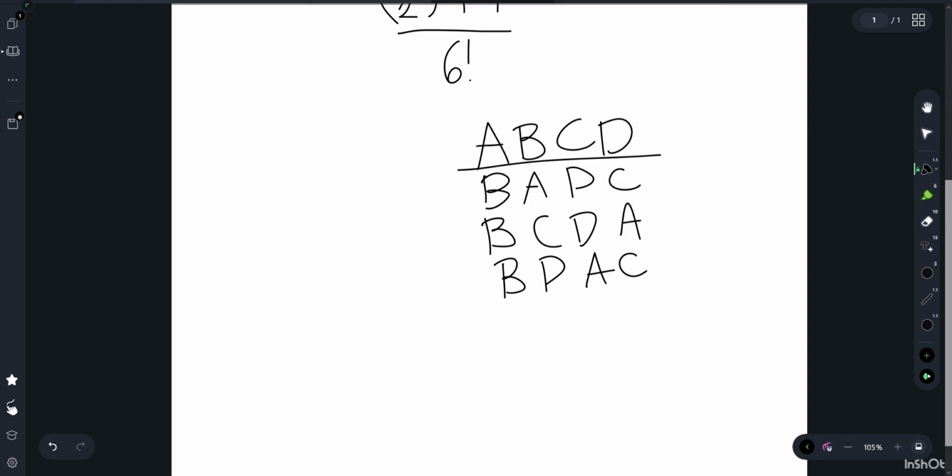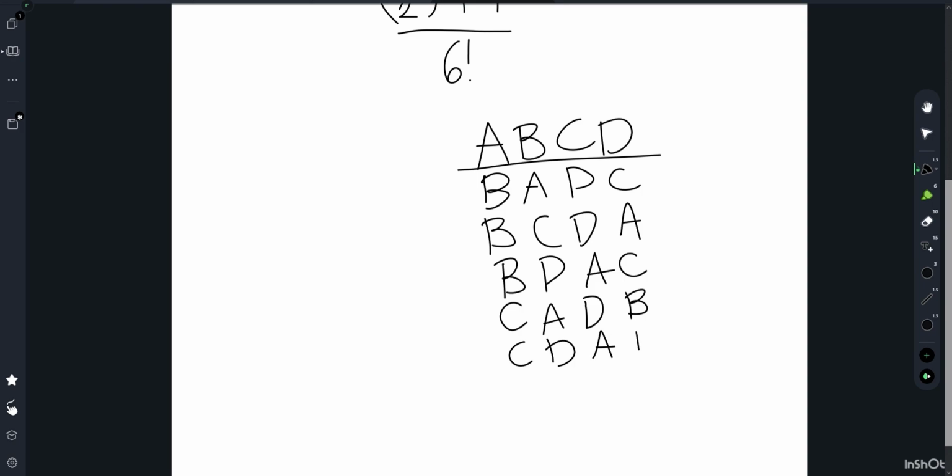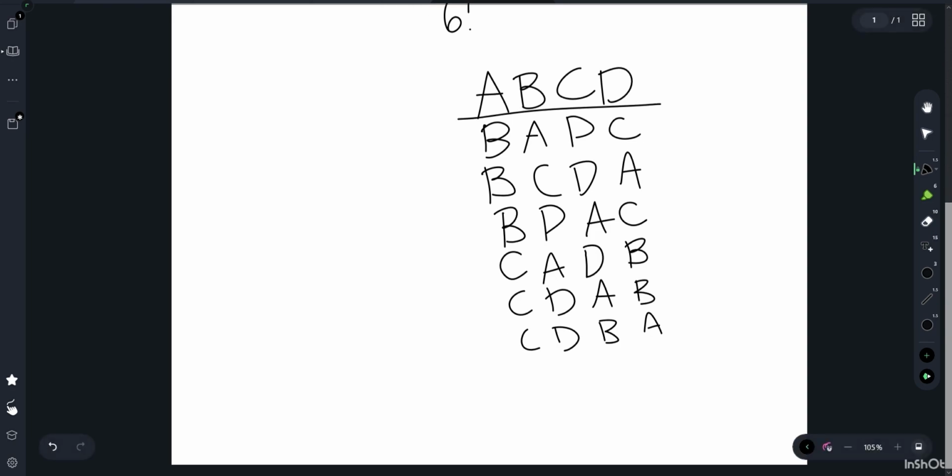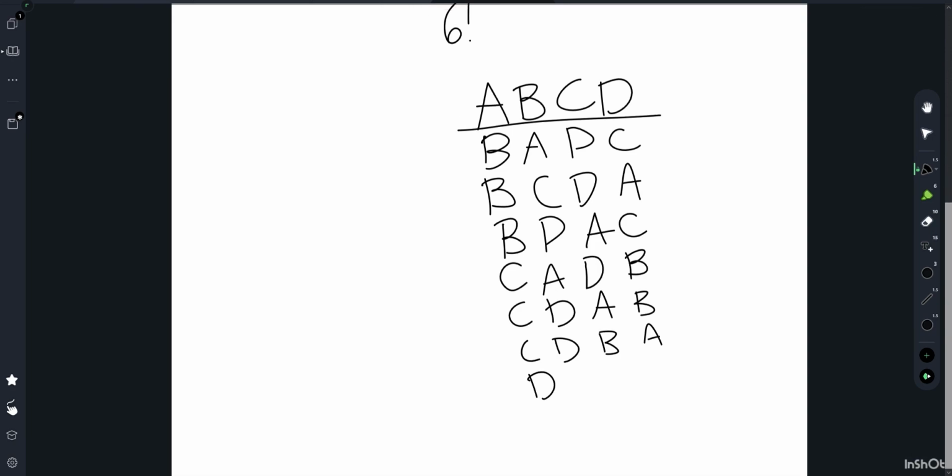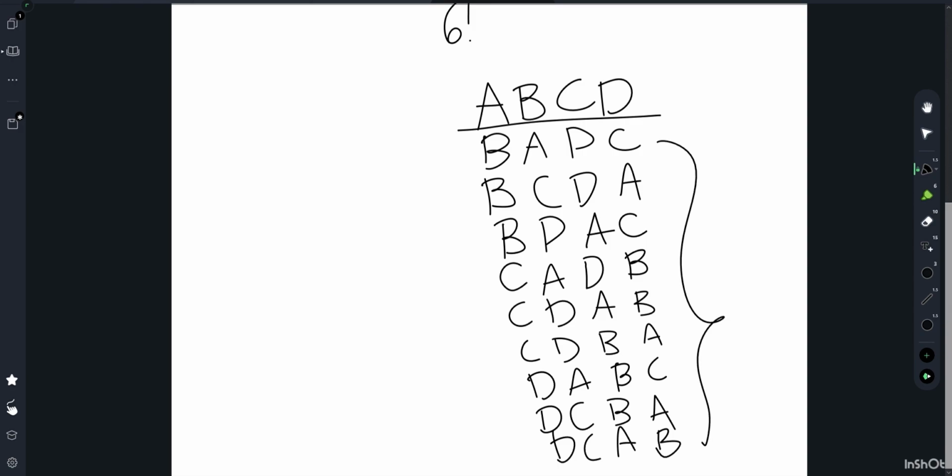If the first position's C, then we're going to have CADB, CDAB, and CDBA. If the first position's D, we have DABC, DCBA, and DCAB. So in total, there are 9 ways.